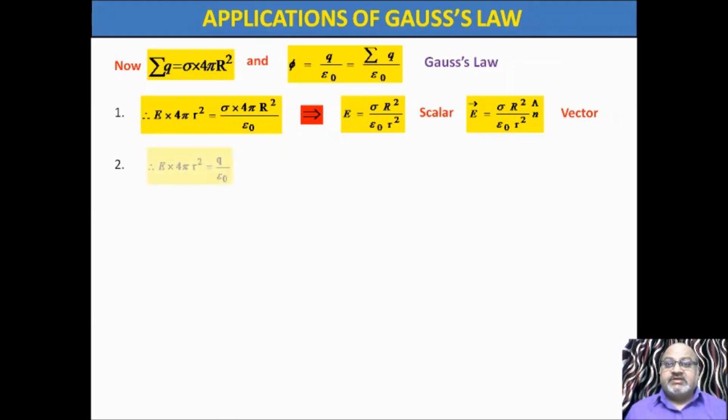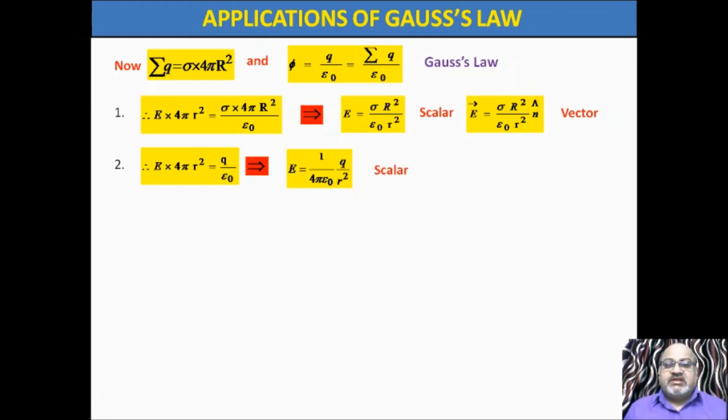Now the second case, where we don't put the value of the net charge in this form. If we directly apply this portion of the Gauss law, this is another notation. Hence we get E is equal to 1 by 4 pi epsilon naught q by r square.